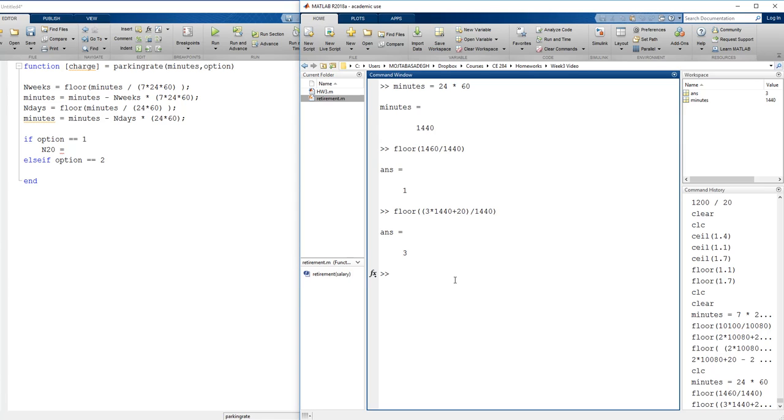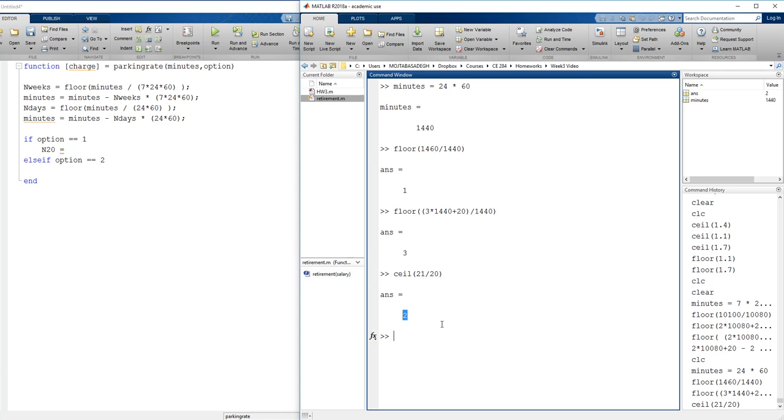So basically instead of using floor now, I'm gonna use ceil. So if I have ceil of 21 divided by 20, because each fraction of 20 minutes is, you know, the first one is $3 and each extra one is $1 extra. So I have two fractions, each one of them 20 minutes. The first one is $3.